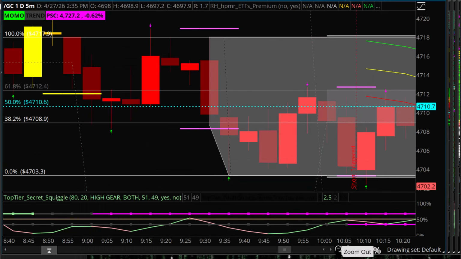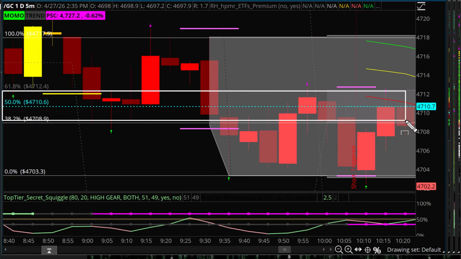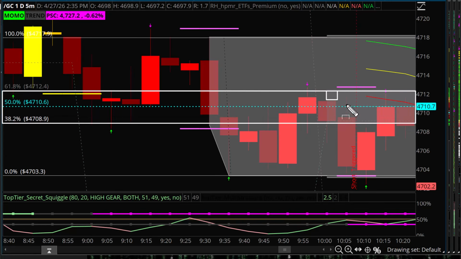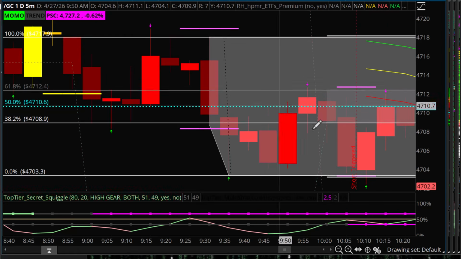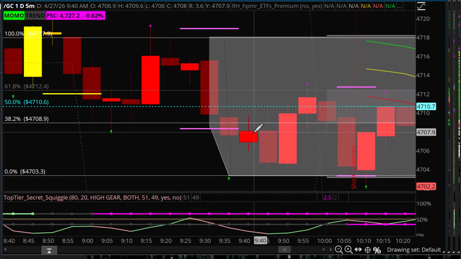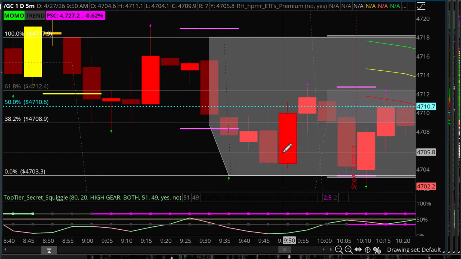He wrote poetry too. All right, so now I've got a zone between the 618 and the 382, and there you go. And you can see my grayed out zone is exactly that.